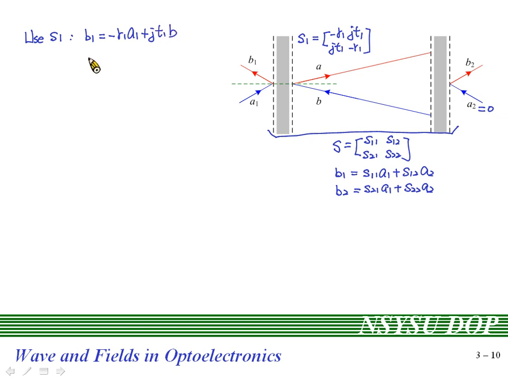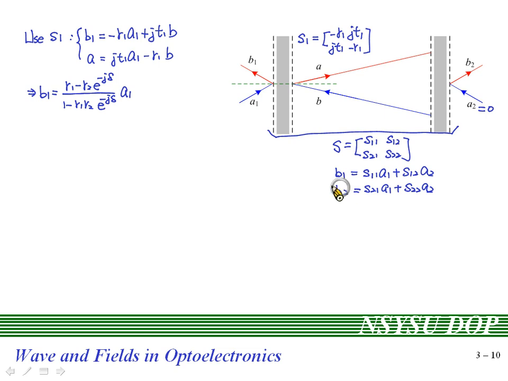And A can be written as jT1 A1 minus R1 B. And from these two equations, you can easily obtain that B1 can be written in this way. Okay?